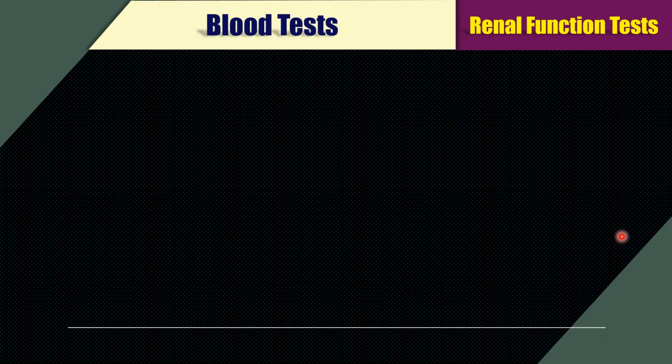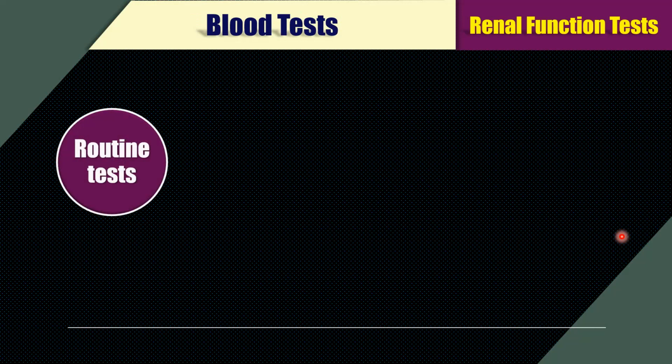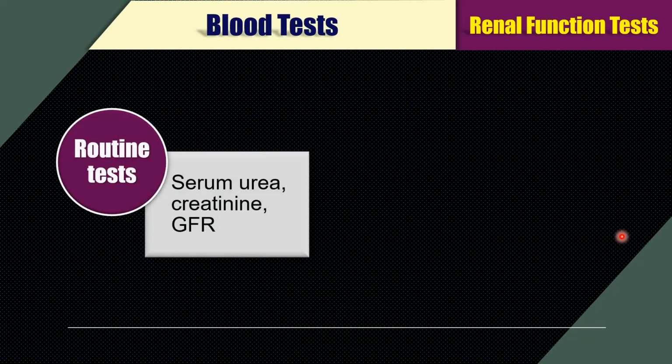Blood test is the most important test for clinicians to diagnose various renal diseases. Most routine blood tests are serum urea, serum creatinine and glomerular filtration rate, popularly known as GFR. Under GFR, again there are different tests like clearance tests, creatinine clearance test. Apart from these, we also have certain ratios like albumin creatinine ratio.